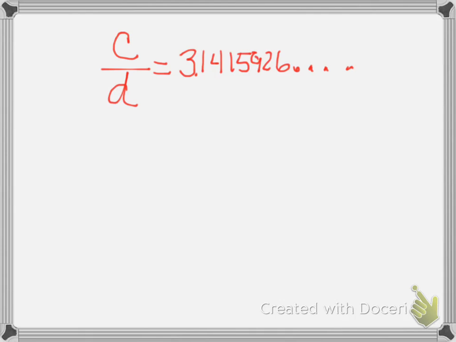end. So they tried it with every circle that they could come across, and they discovered that number was really, really important. They thought it was so important that they better assign it a symbol, and that's where pi came from. Okay, they discovered pi because pi is the ratio of a circumference divided by the diameter of the same circle.